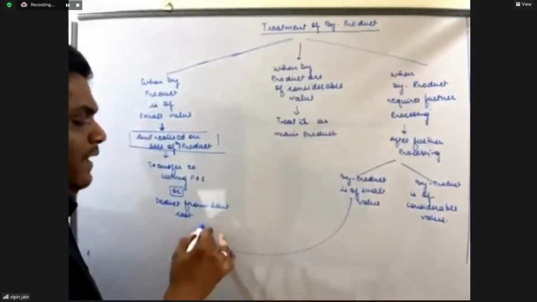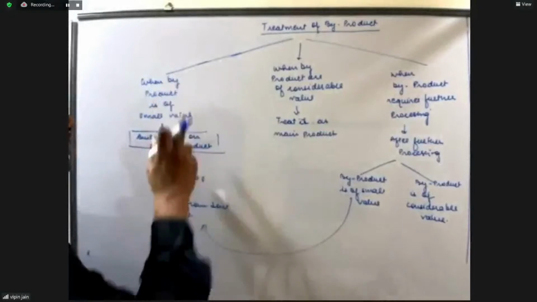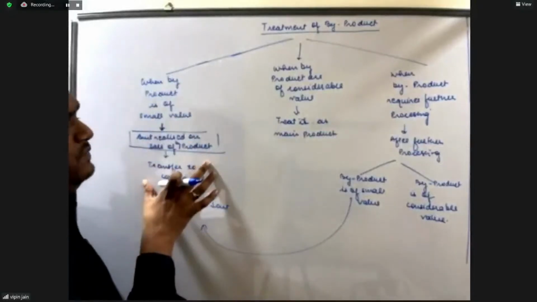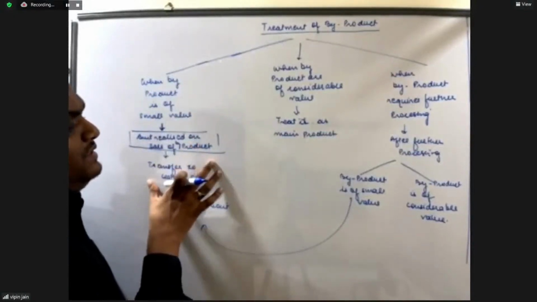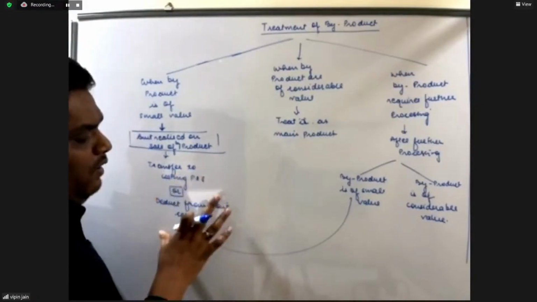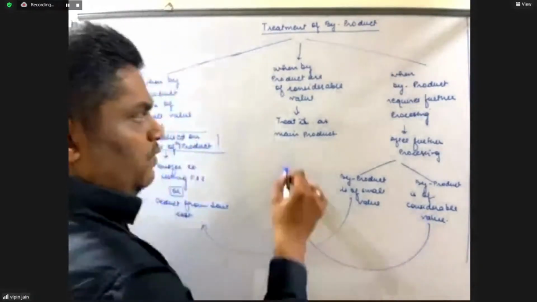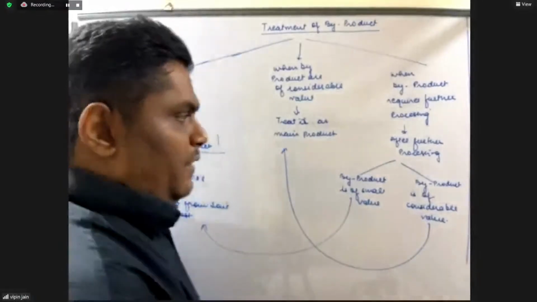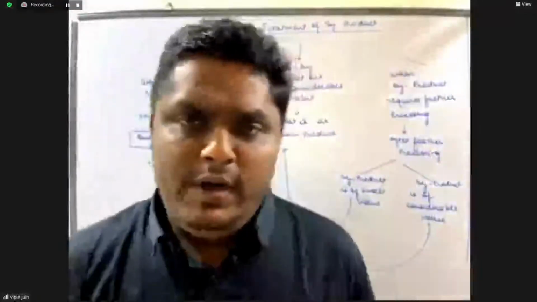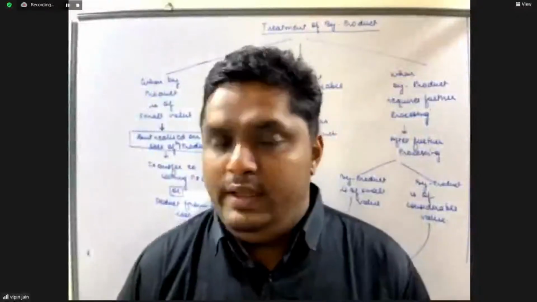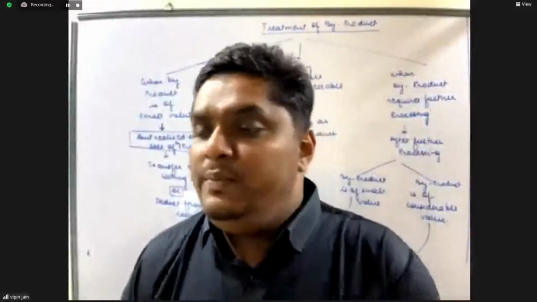If it is of small value, you have to follow this approach, that is either transfer the amount realized on sale of byproduct to costing P&L or deduct from the joint cost. And if it is of considerable value, then treat it as a main product and joint product and then distribute the cost accordingly. So this is all about treatment of byproduct.